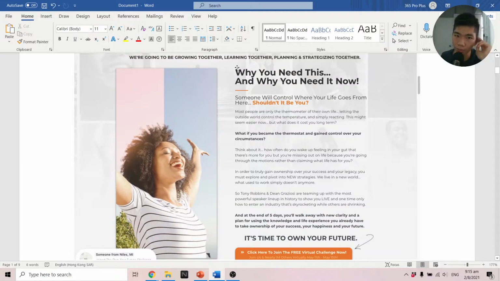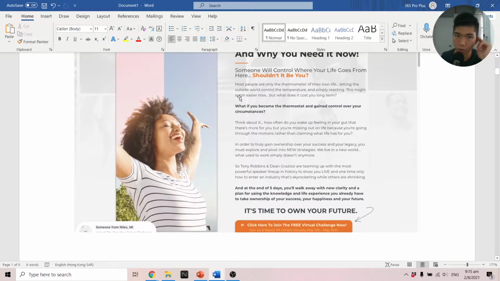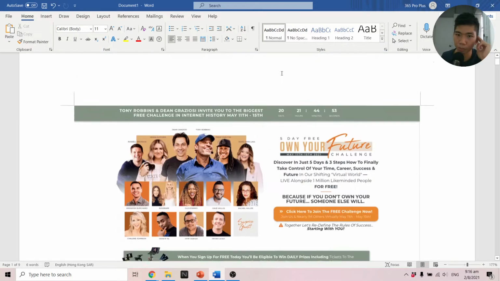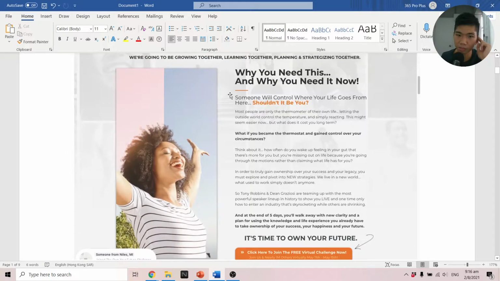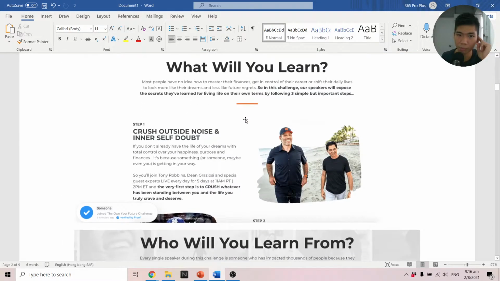So they also use long-form copy on the opt-in page. They talk about why you need this, what the problems are about this topic, about this industry, right? And talk about the problems in here. And what you will learn, they set up the expectation.